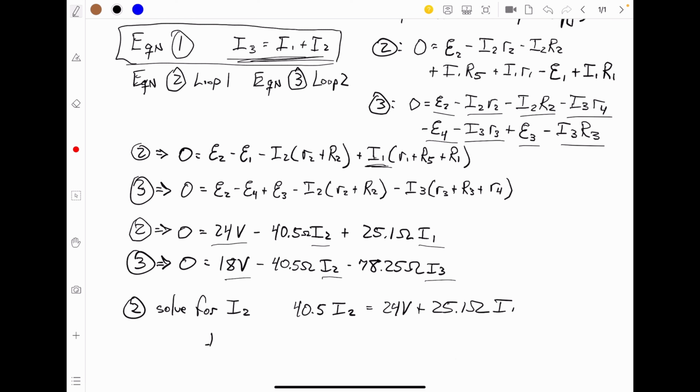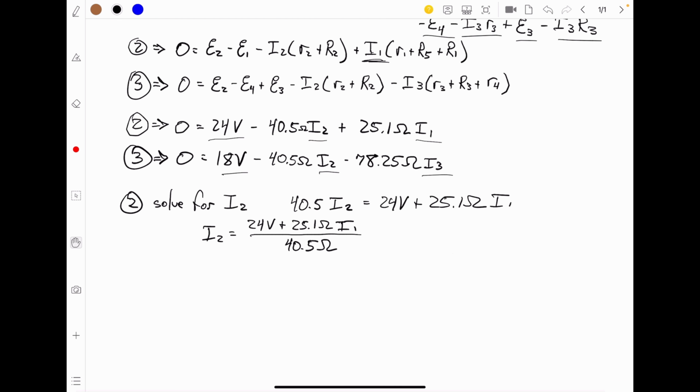Now, the next step, of course, is divide out the 40.5 ohms. And we end up with 24 volts plus 25.1 ohms times I1, and we're going to divide that by 40.5 ohms. All right, so we know what I2 is. We don't know exactly what I2 is, but we definitely have a handle on it, equation-wise. And we can step forward now.